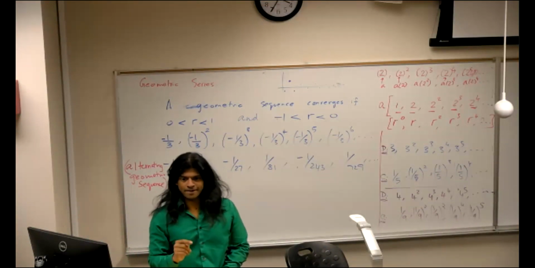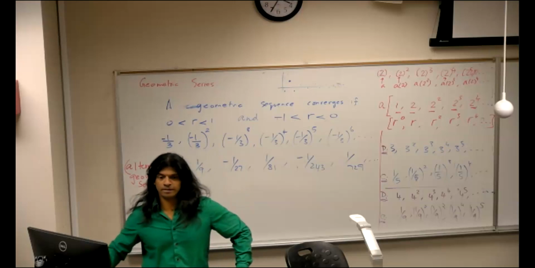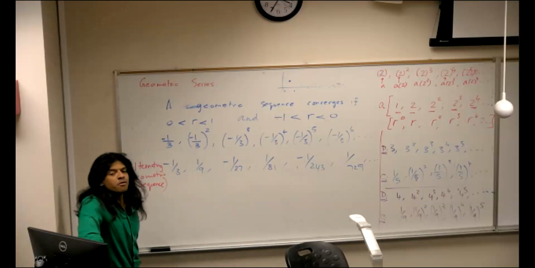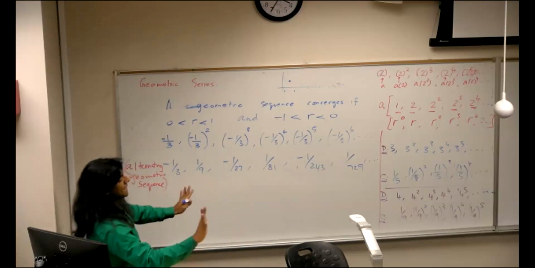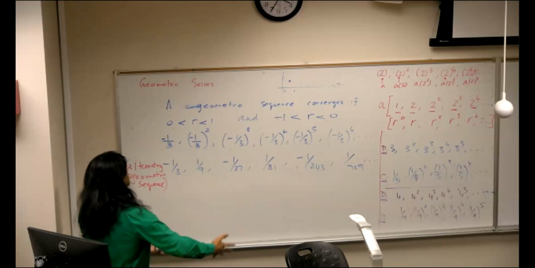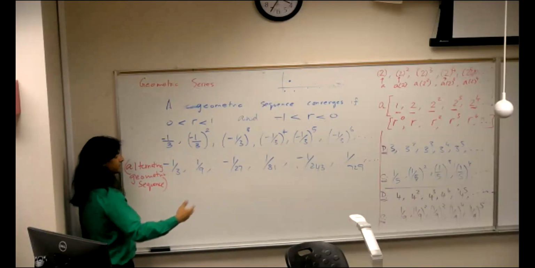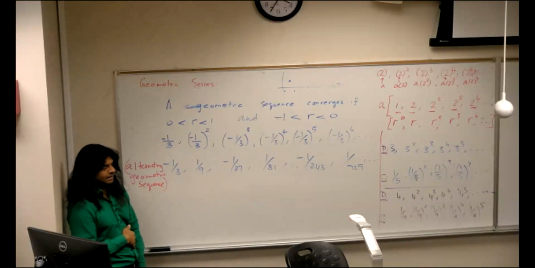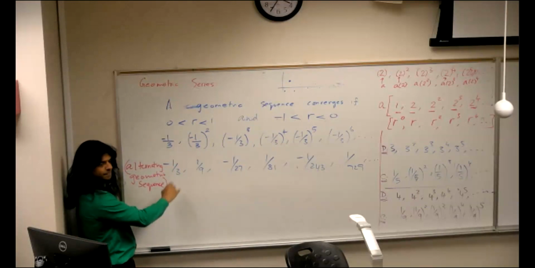The sum, right? So that summation notation is what we call a series. There is more to this, but for now, take it as is. But you can't do a series without understanding the sequence.